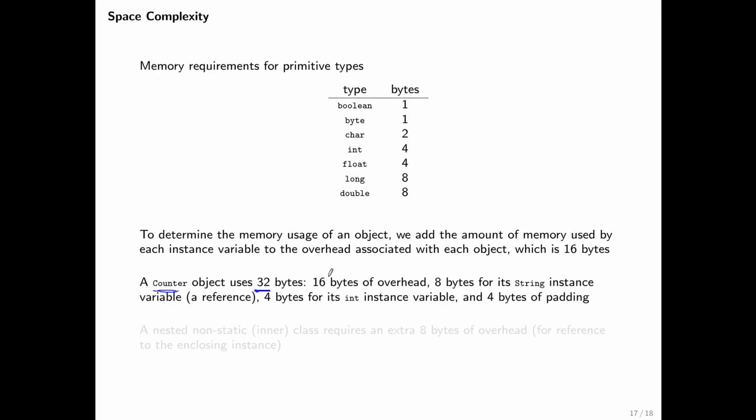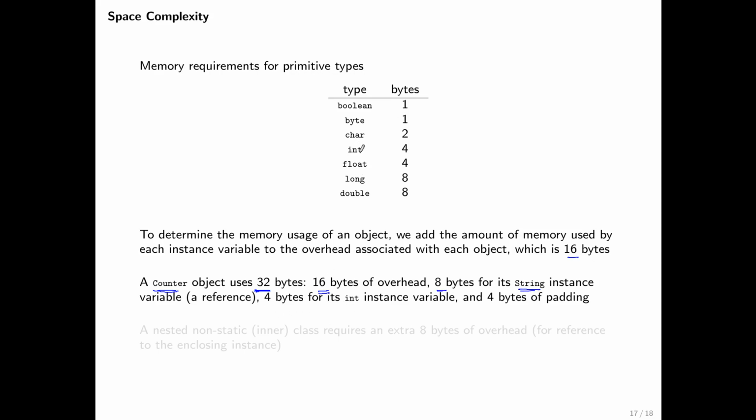Well, how did we figure that out? It is 16 bytes of overhead, which is that guy there. And then if you remember, the Counter data type has 2 instance variables. It has a String instance variable for the ID, which is 8 bytes, it turns out. And then it also has an integer instance variable to keep track of the tally.